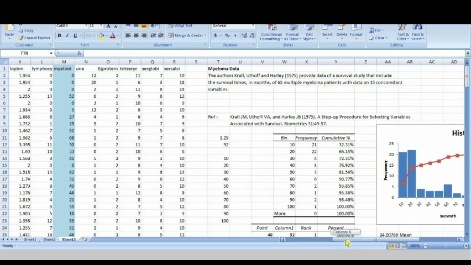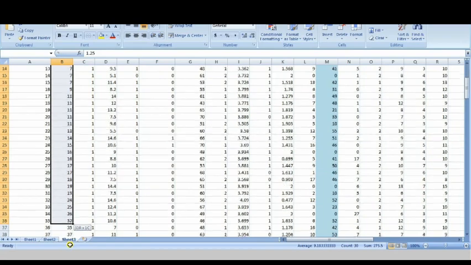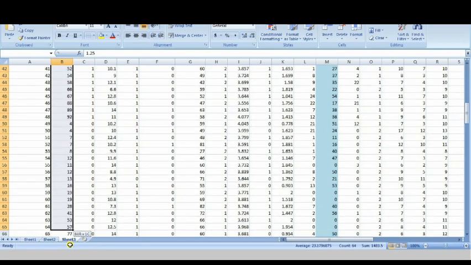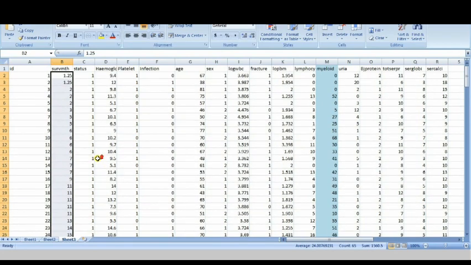Here these are the variables: patient ID, survival in months. This is actually your endpoint. You are recording the number of months the patient survived who are affected by this multiple myeloma.